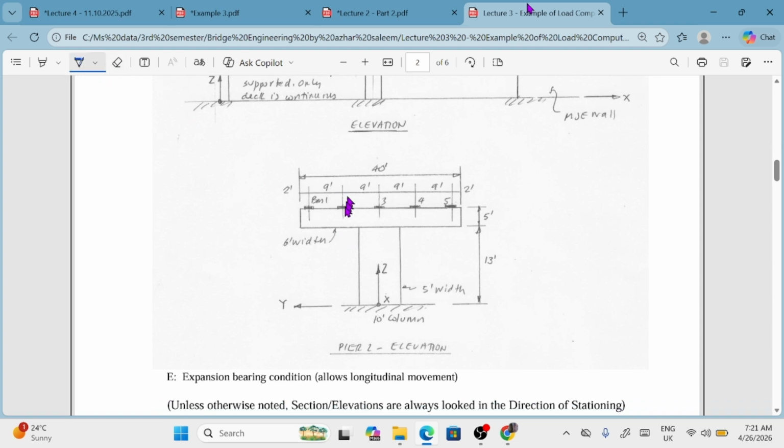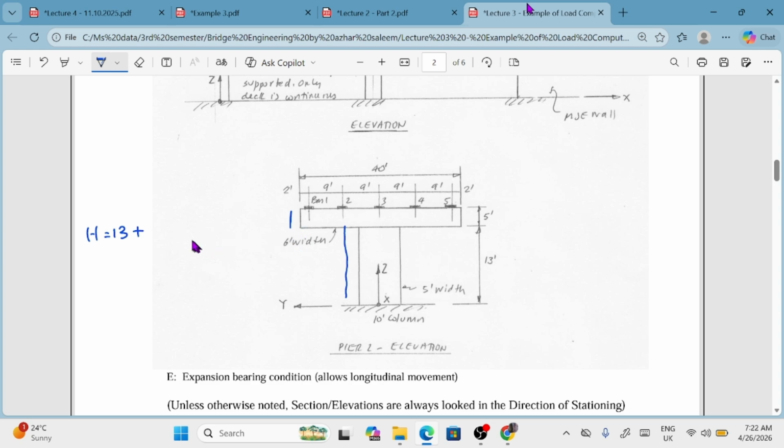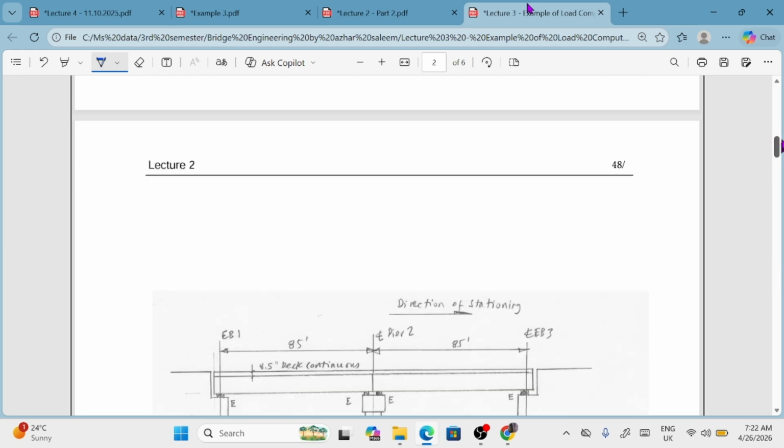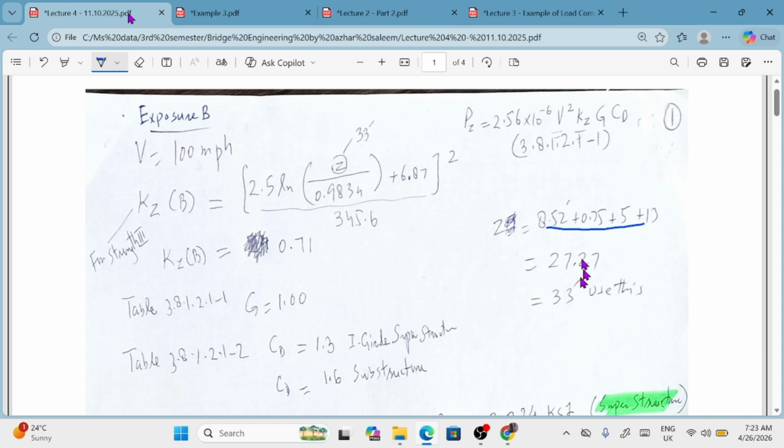Height equals 13 plus the pile cap, whose height is 5 feet, plus another dimension. Our total height is 27.27 feet. So we will use 33 feet. This is the minimum height recommended by AASHTO.